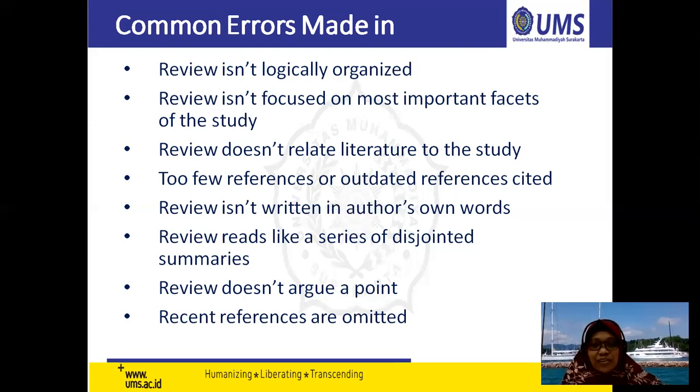So if Bu Endah gives you an assignment of 15, it will train you to not have too few references and outdated references. It is also a common error. So Bu Endah requires that the primary references be from the latest 5 years.